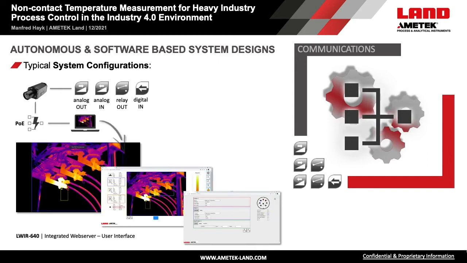By using the web server, you have several options to go into more detail, defining the I/Os, setting alarms, setting threshold limits, whatever you want, to make the camera very variable for many different applications.